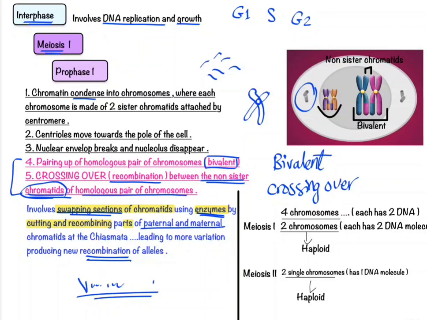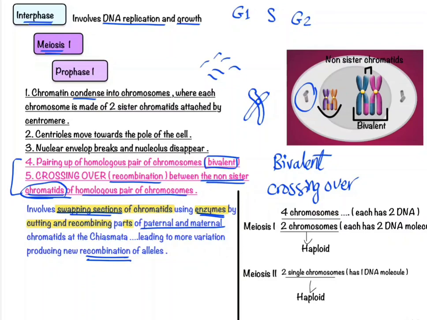So in prophase 1, let's now recap what we've said about prophase. Firstly, the chromatin condenses into chromosomes. The nuclear envelope breaks down into vesicles and the nucleolus disappears. The centrioles move towards the poles of the cells. And what's new in meiosis is that the homologous pairs of chromosomes are going to pair up together.